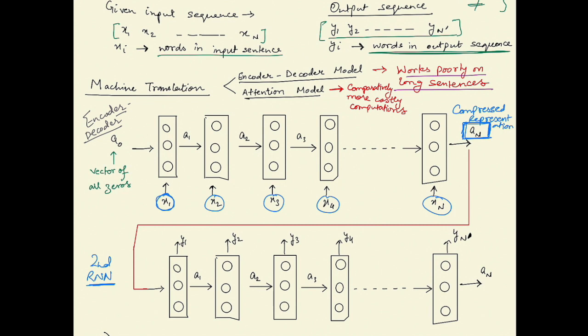This is known as the encoding part, when we create this encoding, and then we decode this encoding to generate our output sequence y1 to yn dash. We pass this encoding as an initial input to this neural network, and we also pass the outputs from the previous steps, and at each time step we obtain these yi.